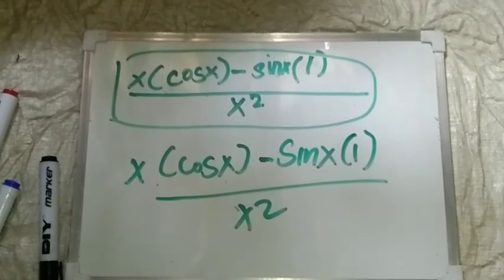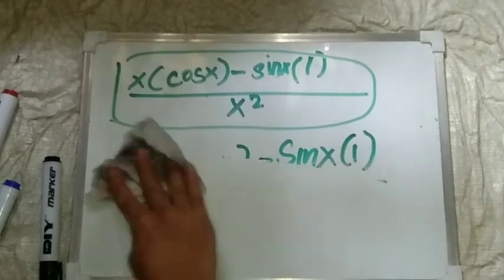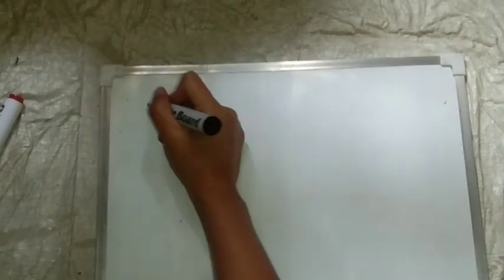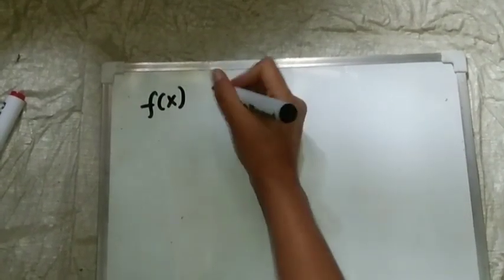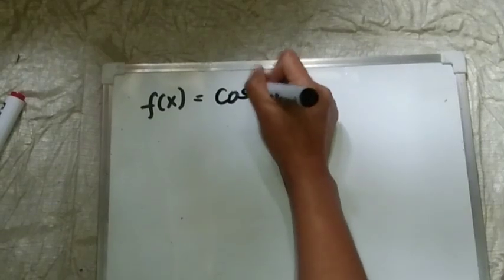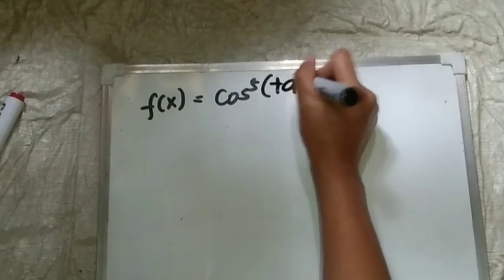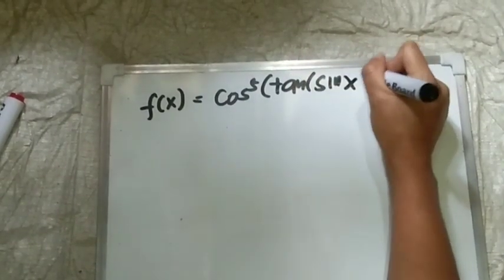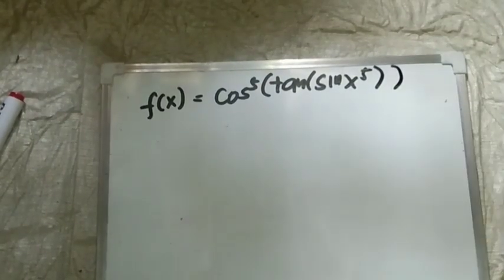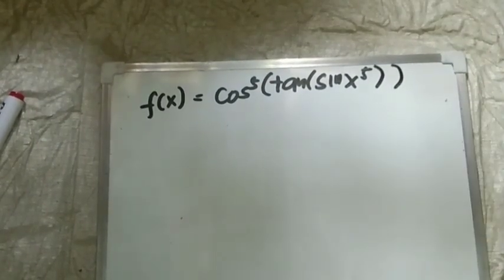Now let's proceed to the last one, which is the derivative of trigonometric functions. So let's consider this example. f of x is equal to cos tan sine x, all to the 5th power. So first, find the first derivative.